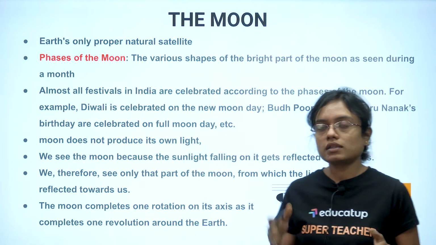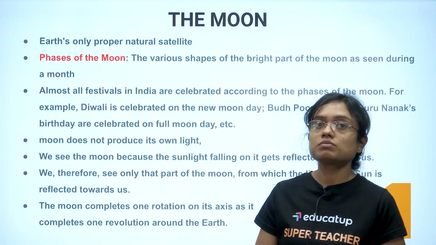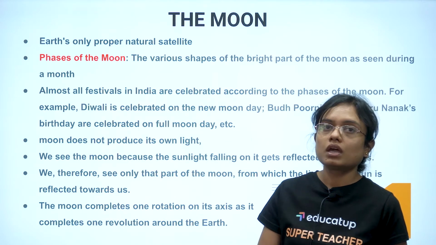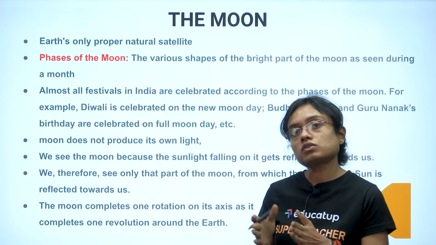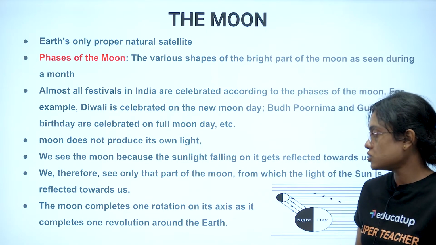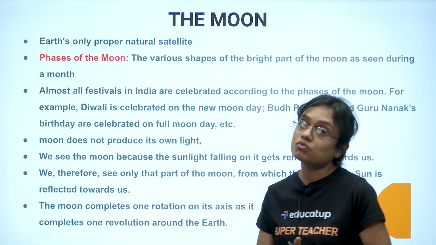Even in all religions, festivals are celebrated according to the phases of the moon. We see the moon because the sunlight falling on it is reflected by the moon, and therefore we see only a part of the moon always. We can never see the full part. The moon completes one rotation on its axis as it completes one revolution around the earth, and that is in 27 days.